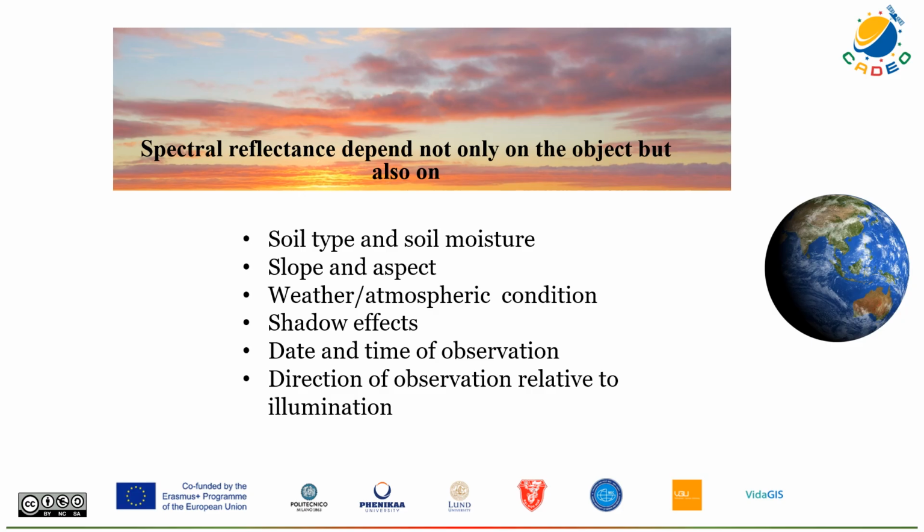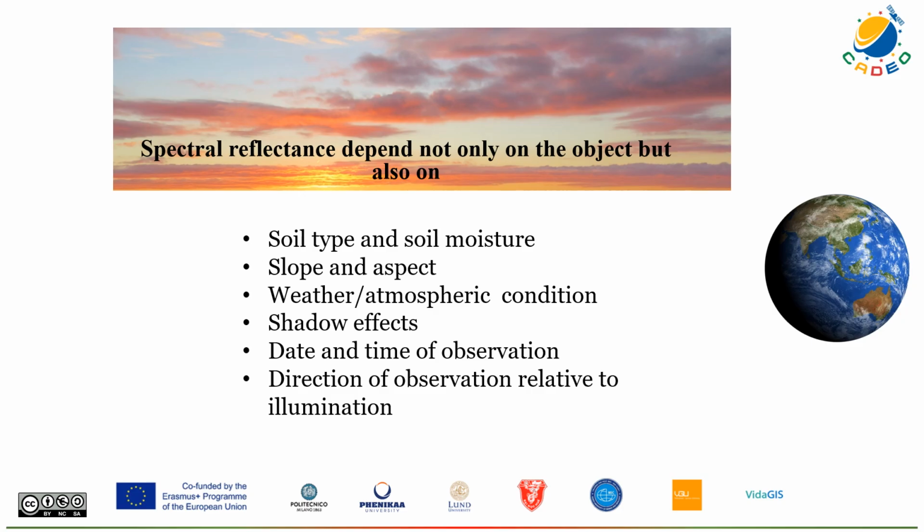And the spectral reflectance depends not only on the object, but also on the soil type and soil moisture. So if we look at different vegetation stands, the surrounding soil type and soil moisture will also affect their reflectance signal. The slope and the aspect will also affect it. The weather and atmospheric conditions will affect it.